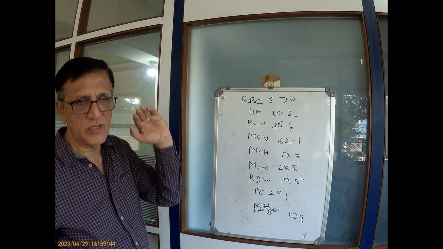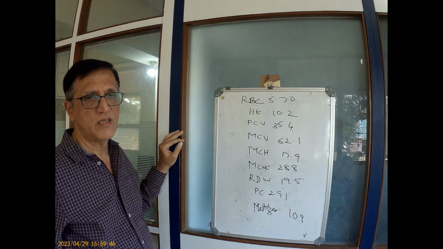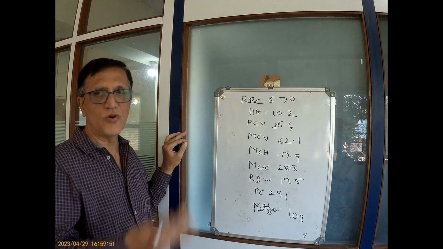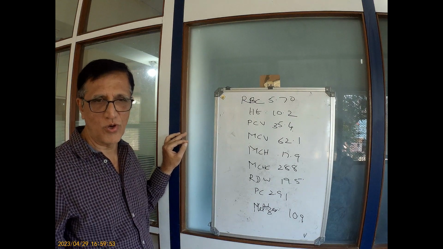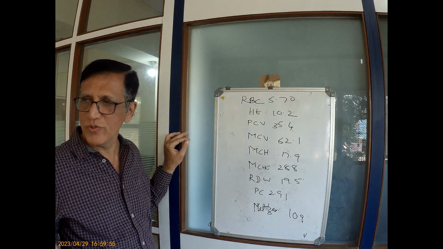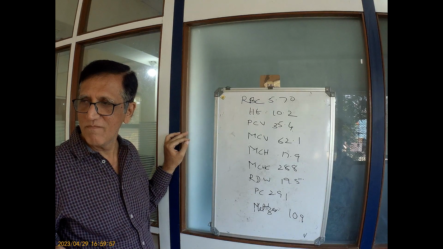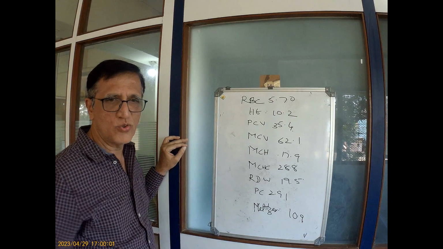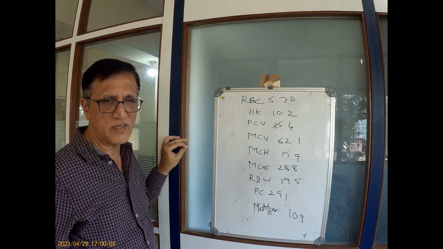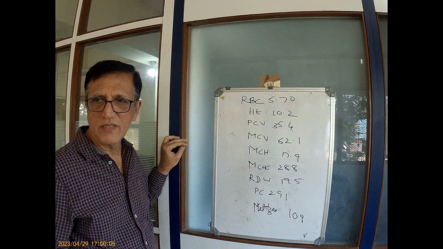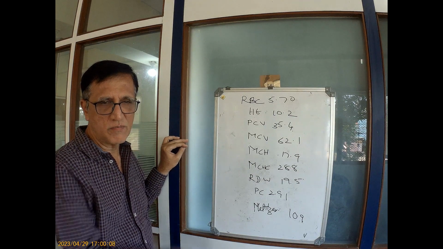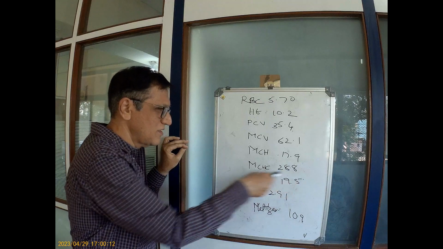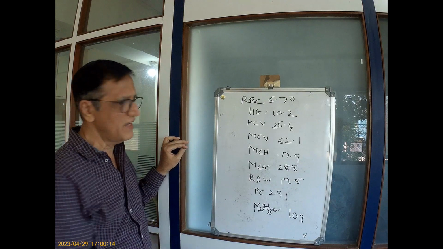Now what will you do? You are stuck with this report. It is neither here nor there. How do you go about solving it? Any clues? It definitely looks like a thal trait, thalassemia minor, beta. But this is eating into your head: why 19.5?